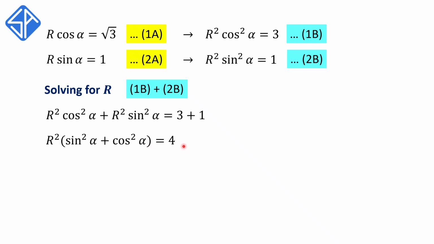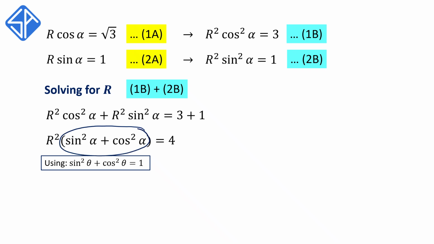Now remember, we can use the trig identity sine squared theta plus cos squared theta is equal to 1. So we can replace this sine squared alpha plus cos squared alpha here with 1, so that r squared times 1 is just r squared, and the left-hand side simplifies to r squared, and the right-hand side is 4.